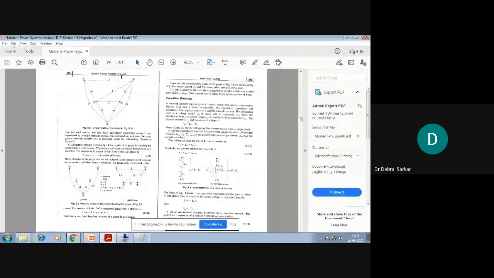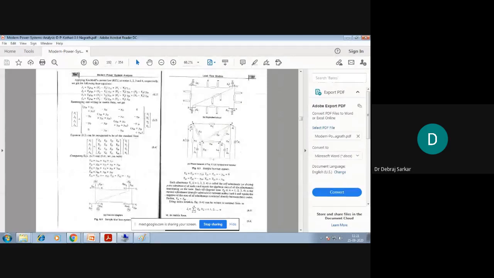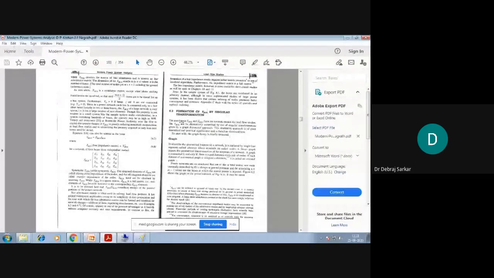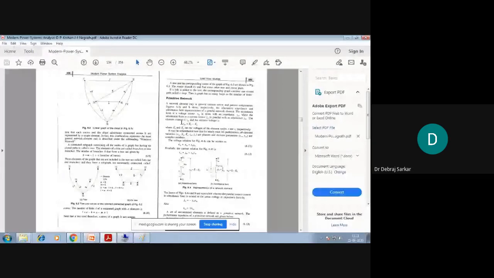Do you find any similarity between this graph and this circuit? Again, check this circuit. Now, are you seeing any connection between them?